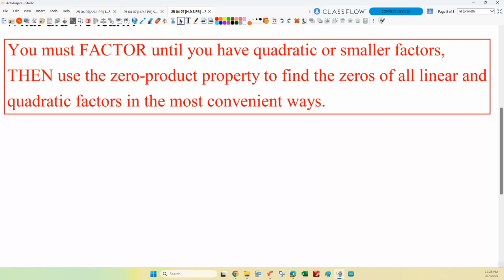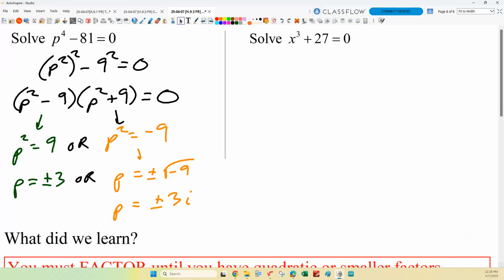When you're solving a polynomial equation, you must factor until you have quadratic or smaller factors. Then you can choose to keep factoring or not. You can just bail off the factor train and just solve those equations if you want to. Notice the way we did this one. We're on the factoring train until the factors are quadratic or smaller.